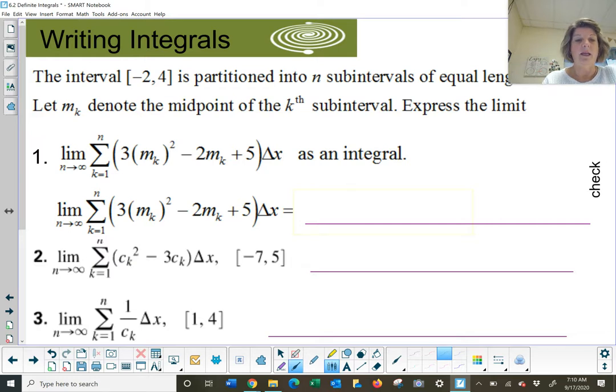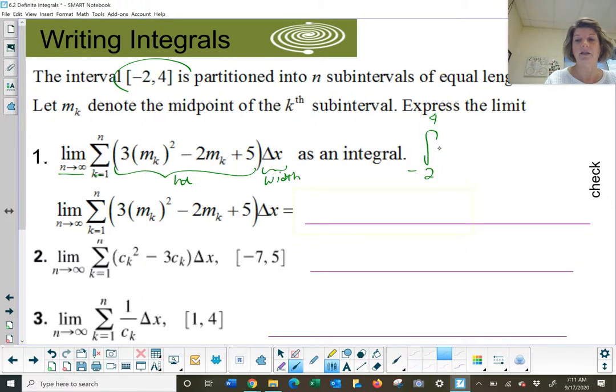So, if my limit is n going to infinity, and I'm summing up, then I know that this really represents an integral. And this integral would look like my bounds would be, how do I want to do my bounds? Oh, they told us, negative 2 to 4. And my function, well, this is going to represent the height, and this here is our width.